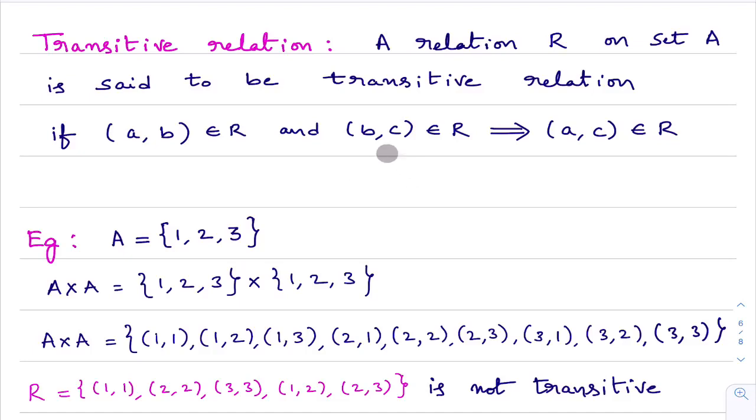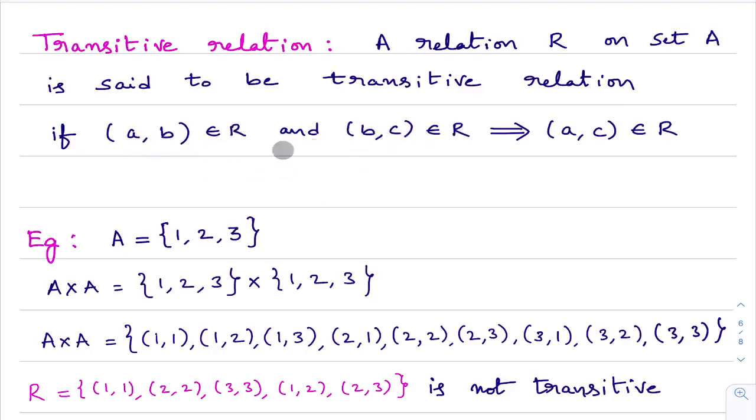Okay, transitive relation. A relation R on set A. First of all, R is a relation on set A. Is said to be transitive relation when, if you take A comma B in the given relation and B comma C in the given relation. You take ordered pair A comma B and B comma C in the given relation.